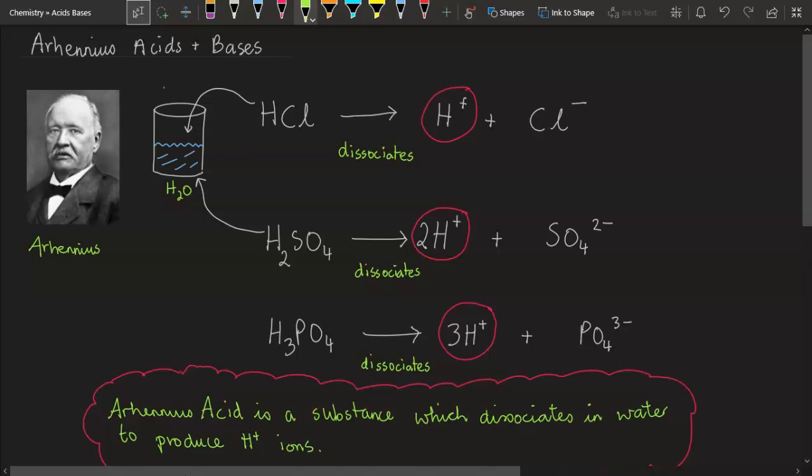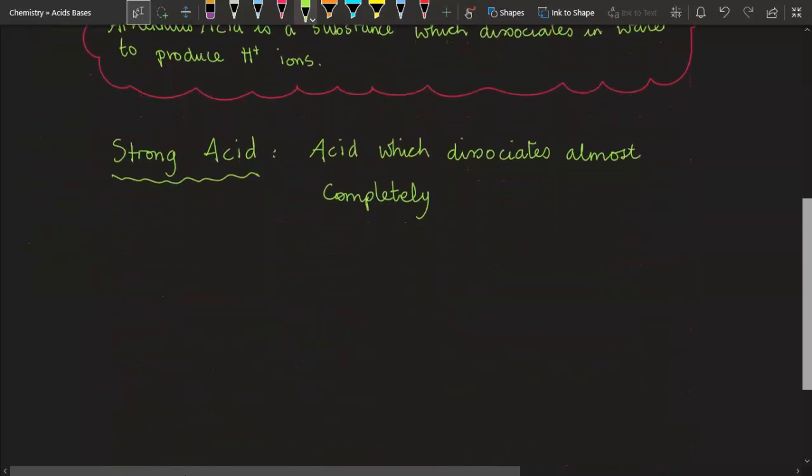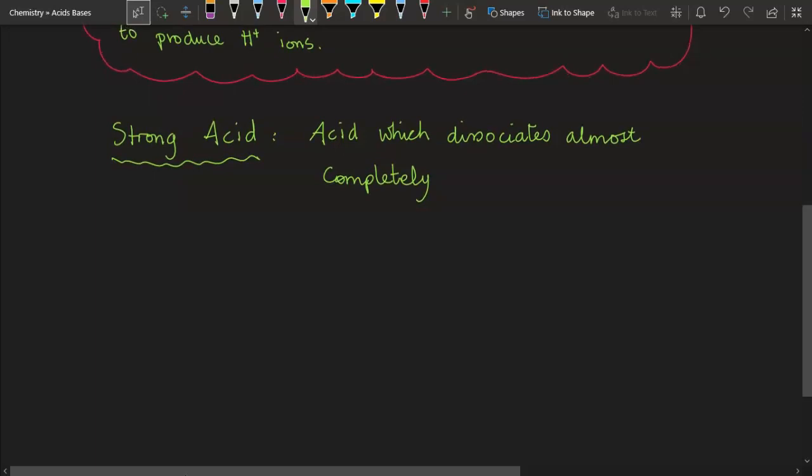However, whether it's a strong acid or a weak acid will dictate how many of these molecules will actually dissociate. So for example, in a strong acid, an acid which dissociates almost completely, the vast majority of its hundreds of millions of molecules will dissociate.